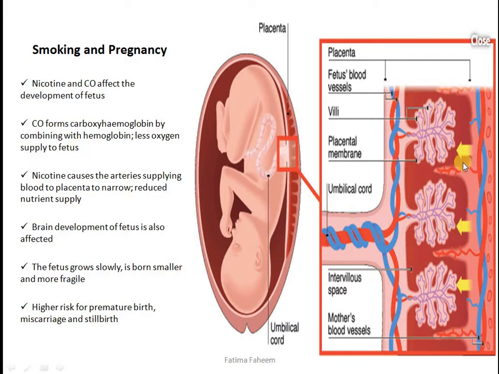This is the placenta. The placenta is partially made by the tissue of the mother and partially from the tissues of the fetus. This placenta is responsible for giving nutrients to the fetus, such as amino acids, glucose, vitamins, antibodies also, and is responsible for giving oxygen necessary for respiration to the fetus as well.